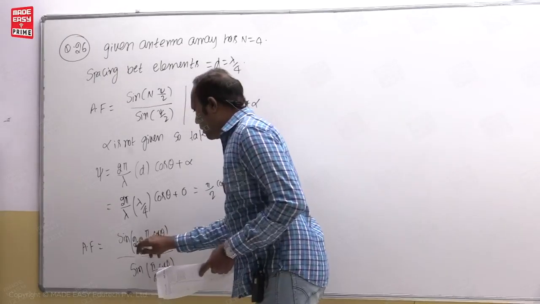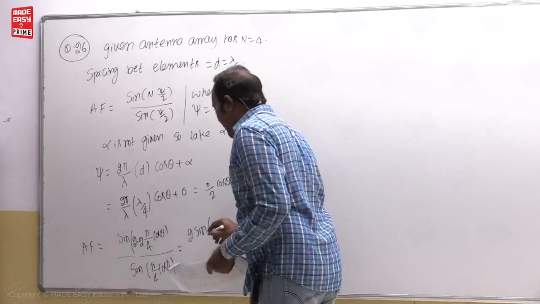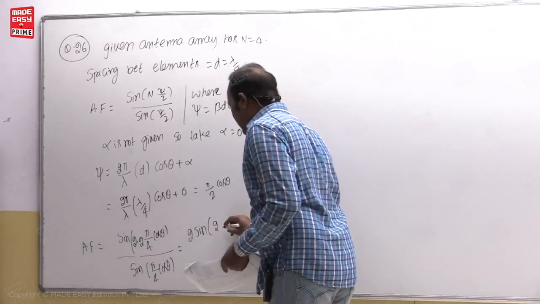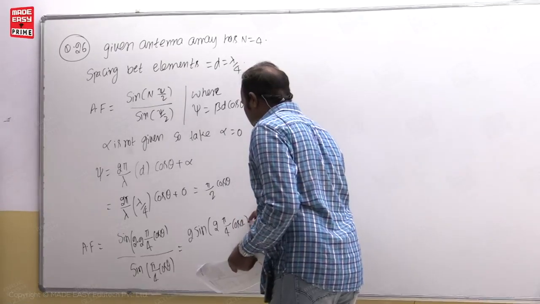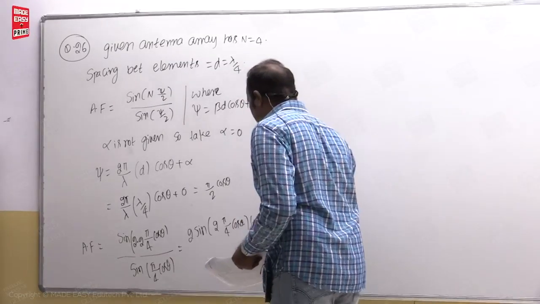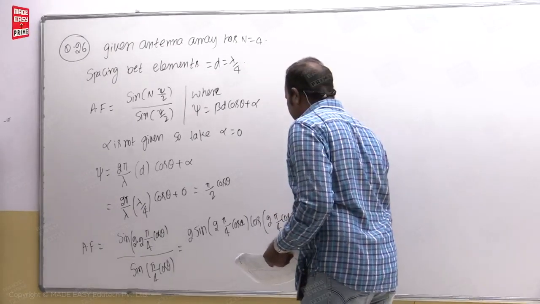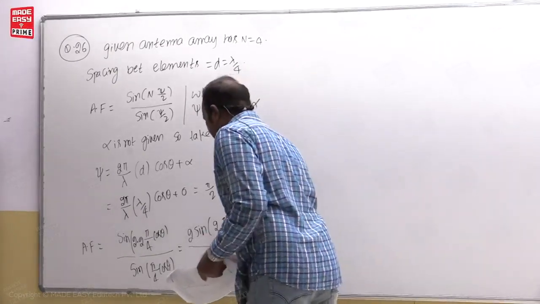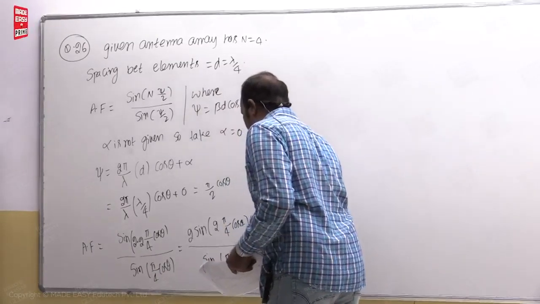So this is all sine 2 theta expansion, 2 sine theta cos theta. Now theta is pi by 4 cos theta, so 2 sine pi by 4 cos theta, cos pi by 4 cos theta, with 2 pi by 4 cos theta, divided by sine pi by 4 cos theta.